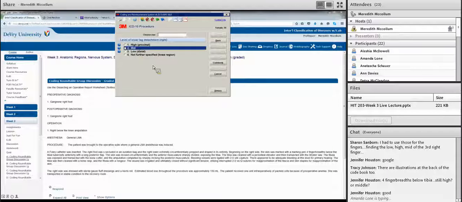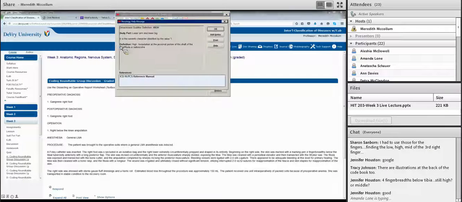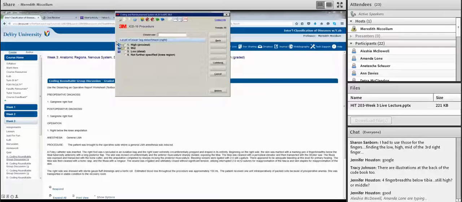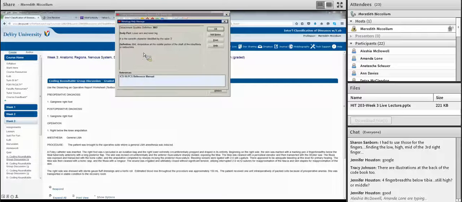And so here it gives you, if you click on the little question marks, it's going to say amputation at the proximal portion of the shaft of the tibia, fibula, or radius ulna. And then, of course, mid is amputation in the middle portion of the shaft. That's when you're going to know.